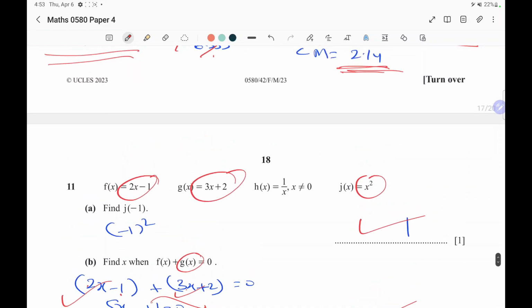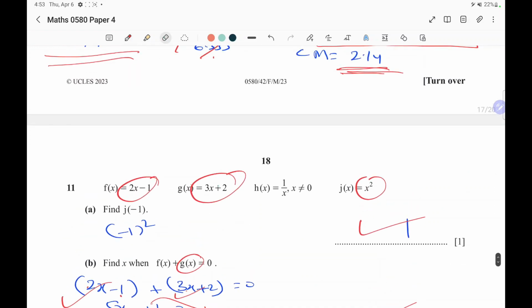Find g of g(x), give your answer in simplest form. By the way, g of g(x), so this is my g(x), right? This is g(x), g of g(x), so convert x in g(x). So this will be g, and this x has been changed to g(x). And this x also changed, so this x also needs to be changed. So this is 3g(x) plus 2, right?